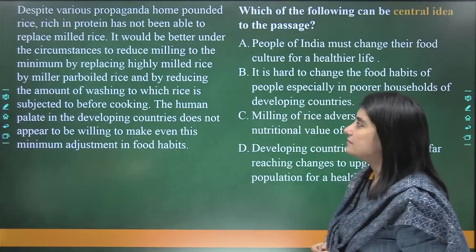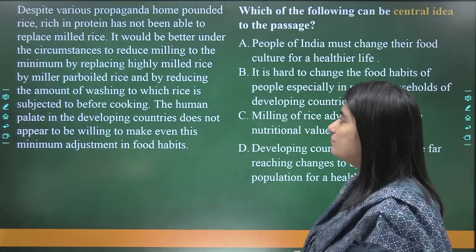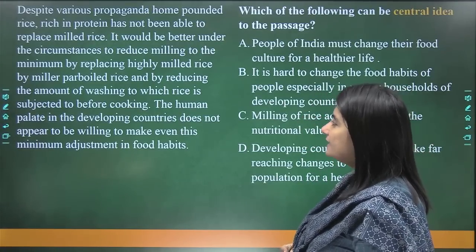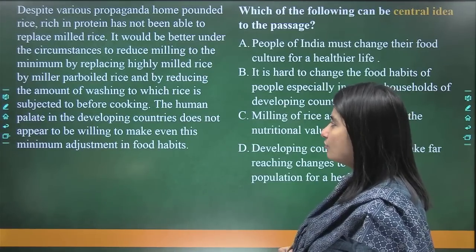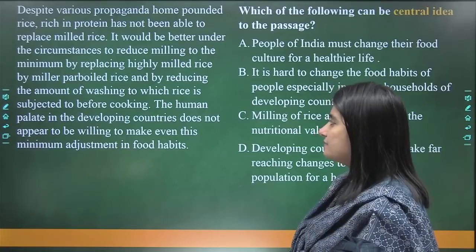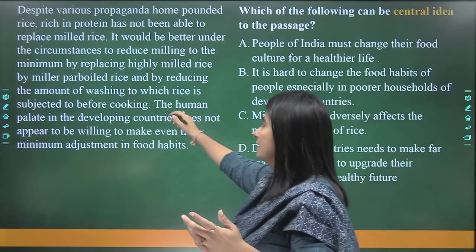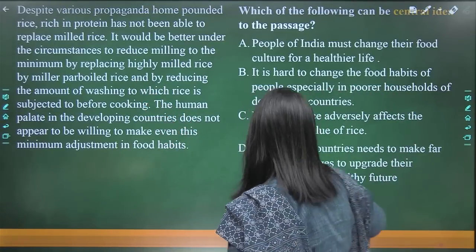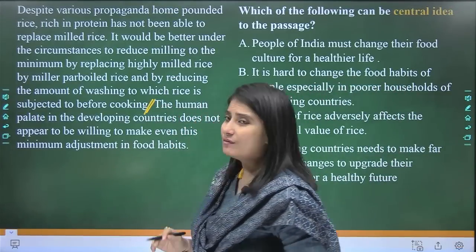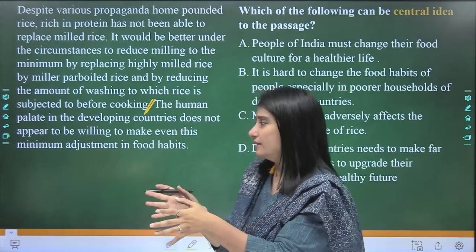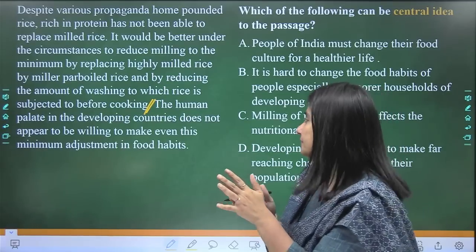It would be better under the circumstances to reduce milling to the minimum by replacing highly milled rice by milled parboiled rice and by reducing the amount of washing to which rice is subjected before cooking. If you don't understand any of these terminologies, it's absolutely fine. We just have to understand that, stop washing rice 5 times before cooking. People need to understand.